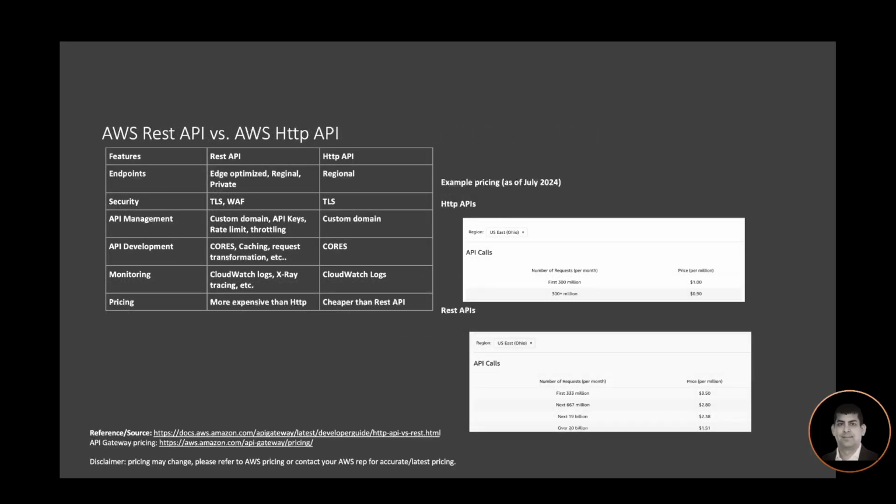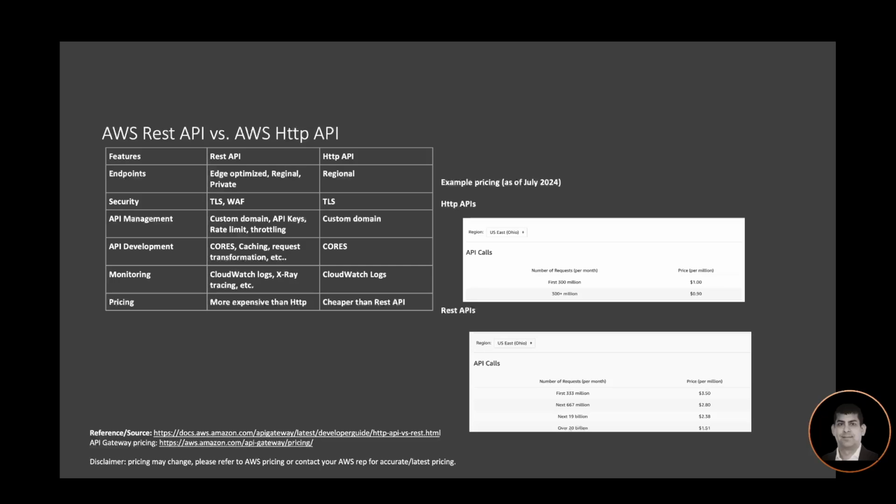Since I mentioned HTTP API, you may be wondering what difference HTTP API has from AWS REST API. Well, this is another flavor of API that's offered by AWS API Gateway. It's much cheaper. Let's look at some differences from the feature perspective. It's not a complete list.